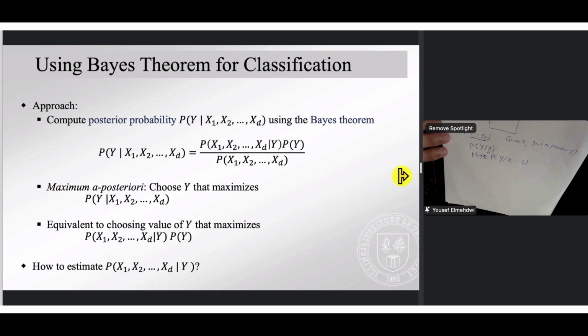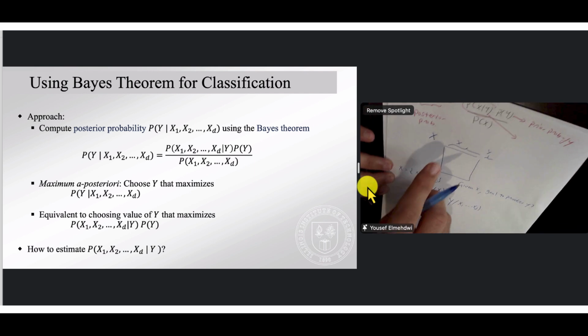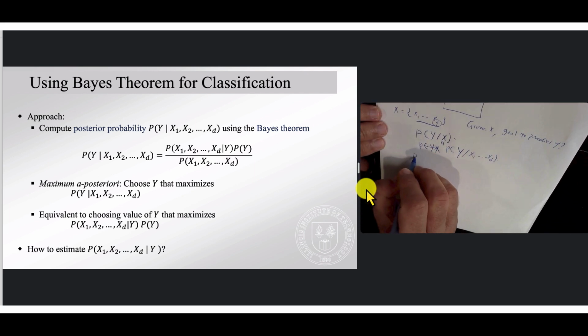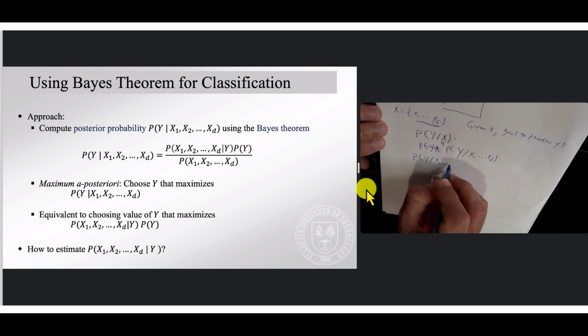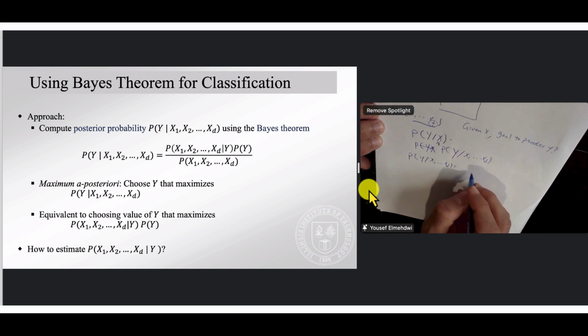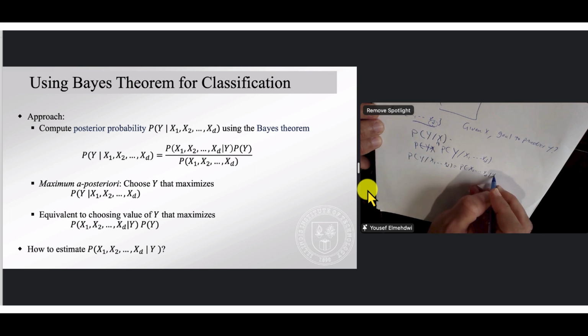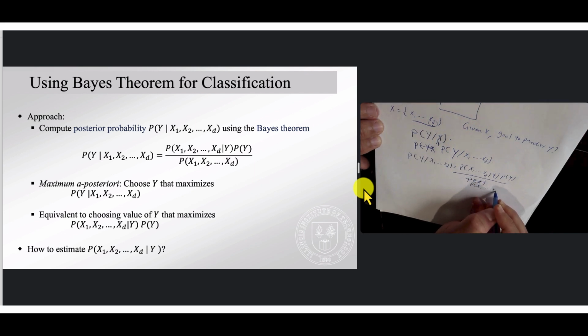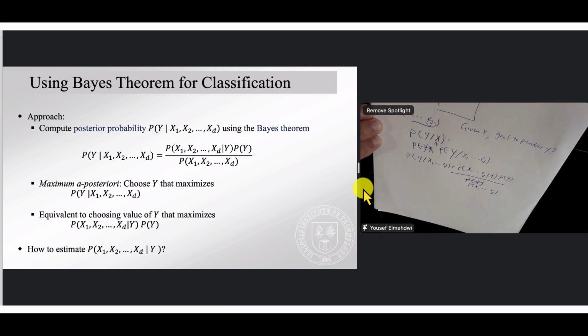The probability of y given x1 up to xd is equal to the probability of x1 up to xd given y, times the probability of y, divided by the probability of x, which is the marginal probability, x1 up to xd. So far, so good, right?